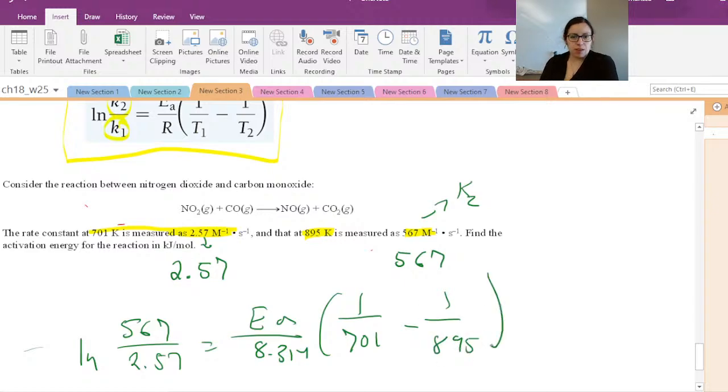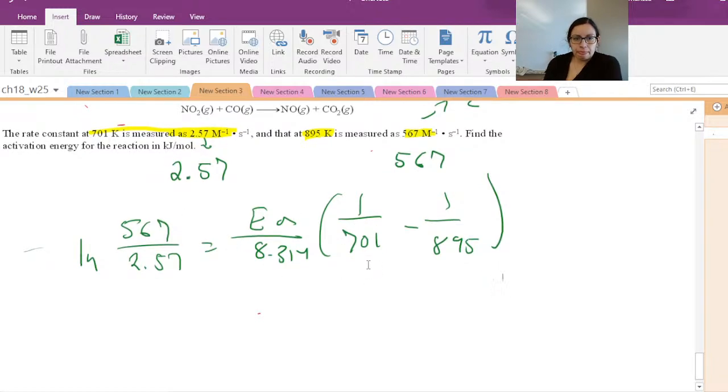Luckily, they gave it to us in Kelvin, so we didn't have to think too hard. Not too bad for the setup, and then it's just algebra, or plugging it in from there.